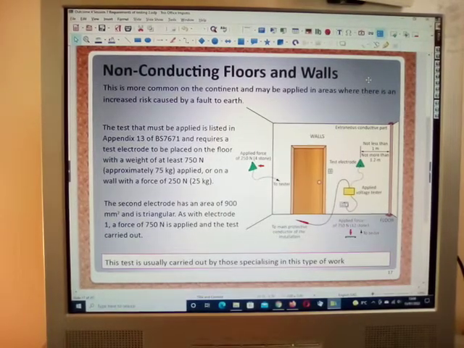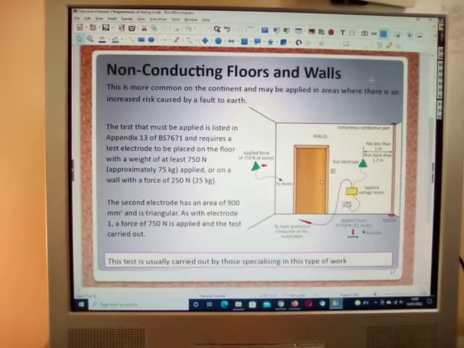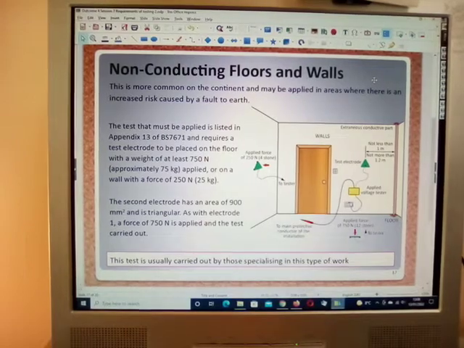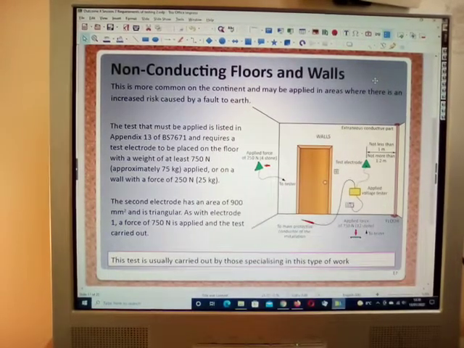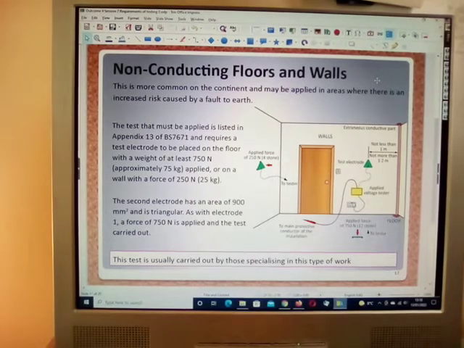And here's looking at non-conducting floors and walls. This is more common on the continent and may be applied in areas where there is an increased risk caused by a fault to earth.